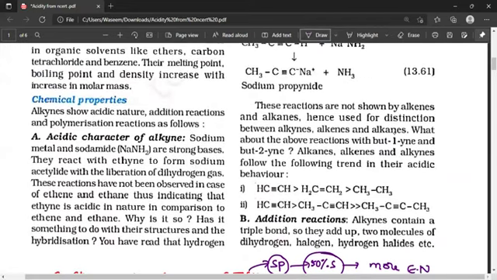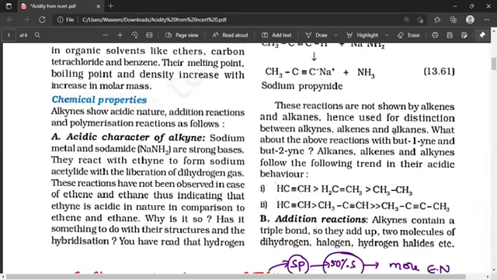They react with ethyne to form sodium acetylide with the liberation of dihydrogen gas. These reactions have not been observed in the case of ethene and ethane. This is important: this acidity property we have not seen in ethene and ethane, thus indicating that ethyne is acidic in nature when compared to ethene and ethane. All because of the hybridization concept I just explained.